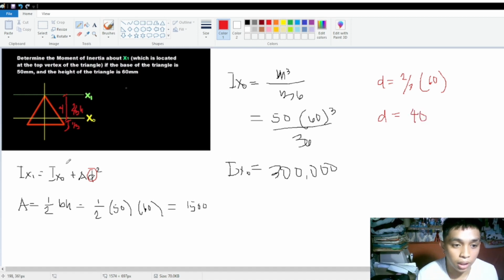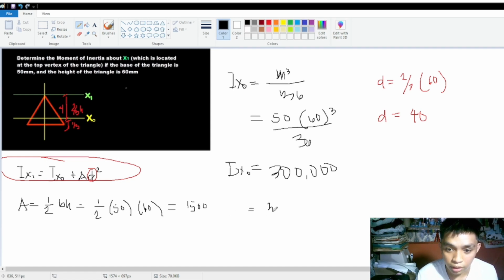Now we can solve for the moment of inertia about x sub 1. From the formula, the moment of inertia from the centroidal axis, which is 300,000, plus the area of the triangle, which is 1,500, times the distance, 40 squared.